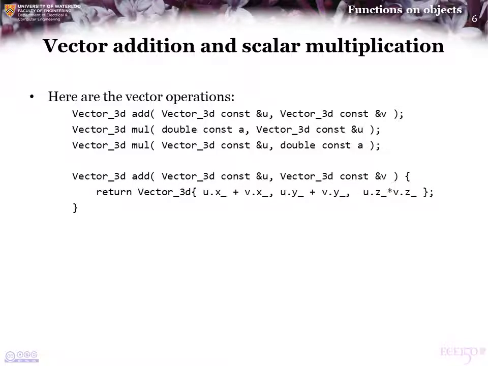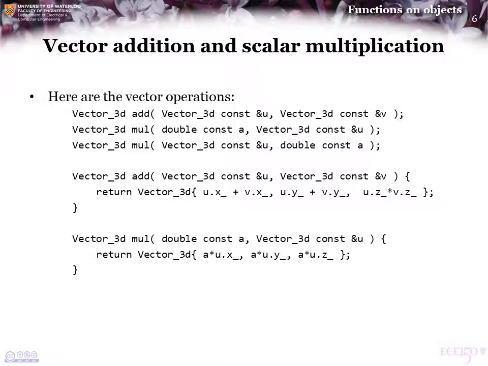For vector addition, the sum of two vectors is a new vector where each of the entries of the new vector is the sum of the corresponding entries of the original two vectors. The scalar multiple of a vector by a scalar A is just a new vector where each entry is the original vector multiplied by A.